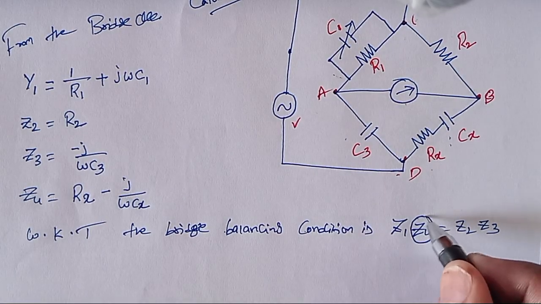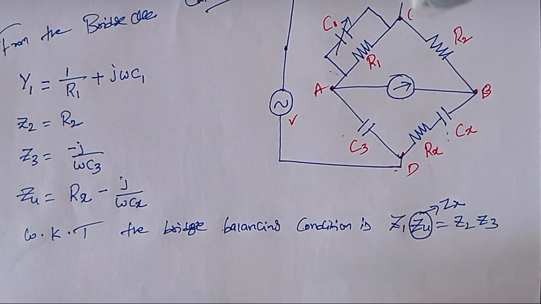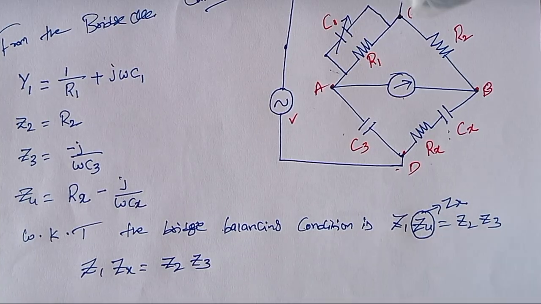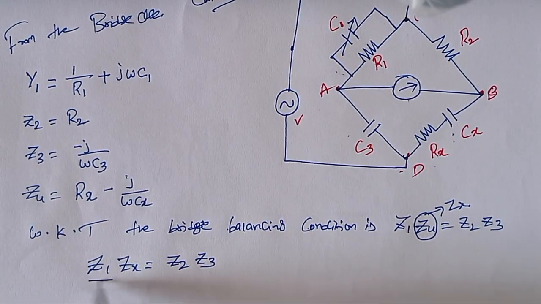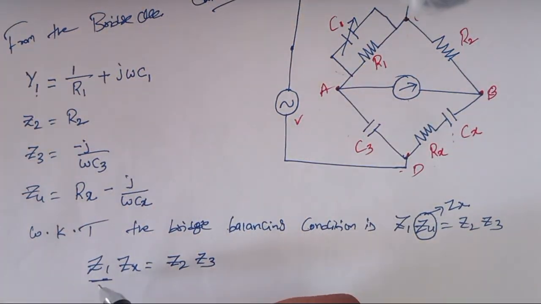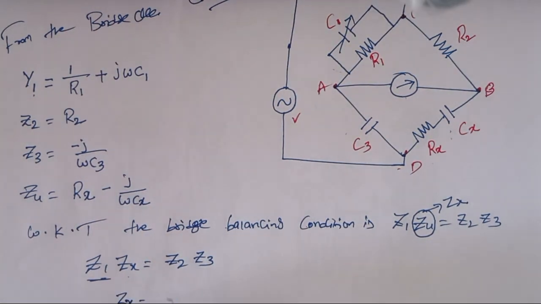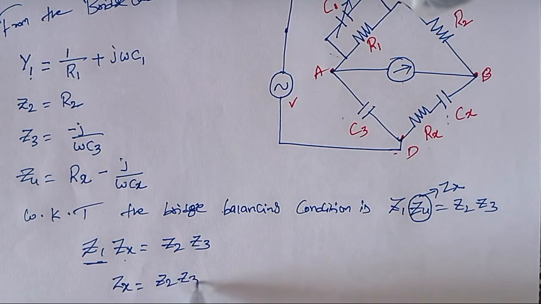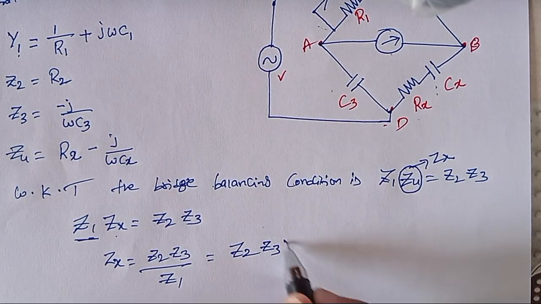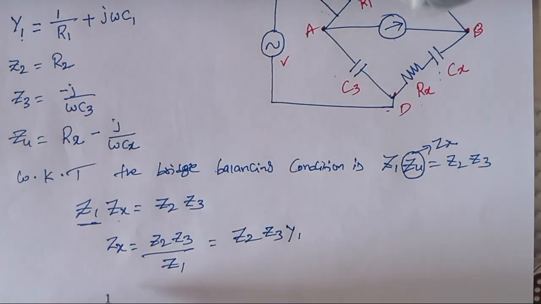Here Z4 is nothing but Zx. So Z1 Zx equal to Z2 Z3. Look here, we're having Y1, we're not having Z1, so convert this Z1 into Y1. So Zx equal to Z2 Z3 by Z1. Here 1 by Z1 means Y1. So Zx equal to Z2 Z3 Y1.